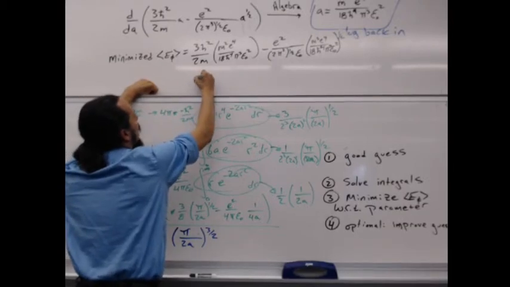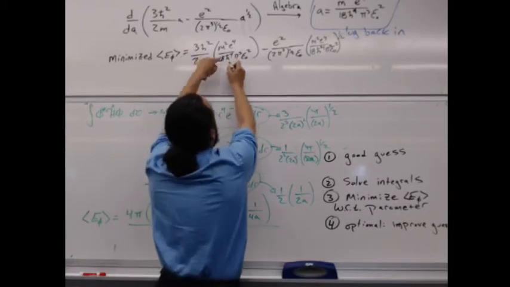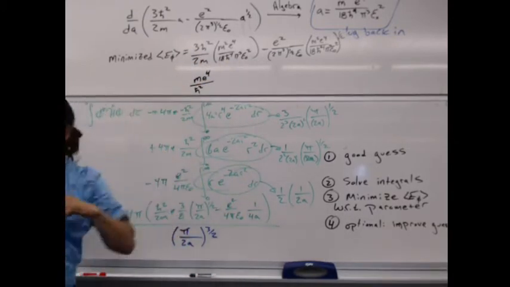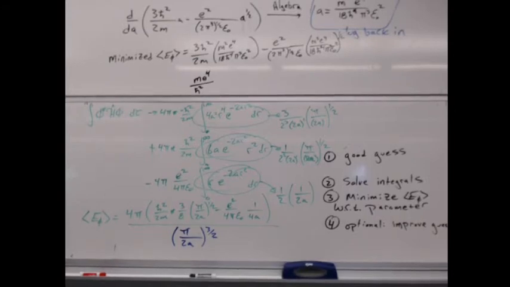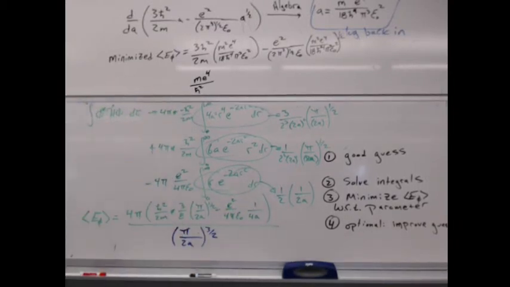I'm going to end up with an m e to the fourth on top and an h bar squared on bottom. Let's see, I want to make sure I don't mess this up. pi cubed, 1/2.